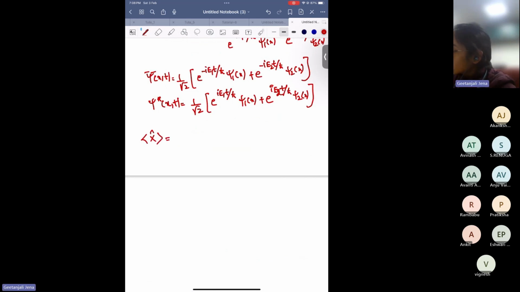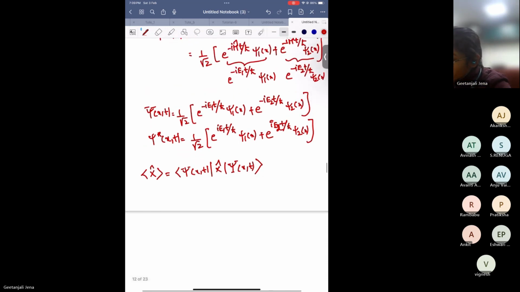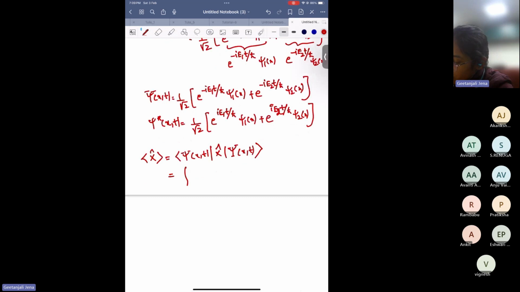Okay, so x is nothing but we will get the integral of psi star(x,t), x operator acting on psi(x,t), so you can write it as psi star(x,t) x psi(x,t) dx.